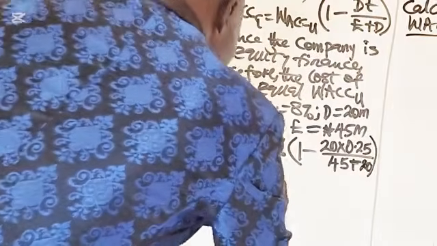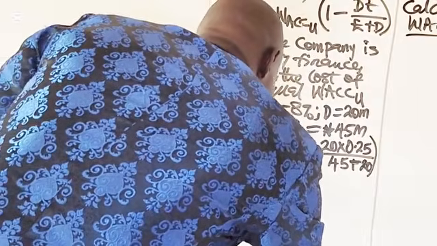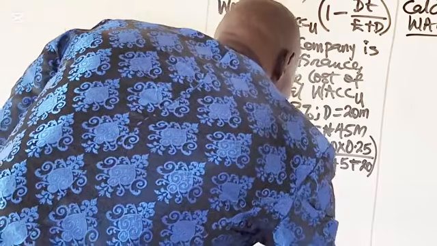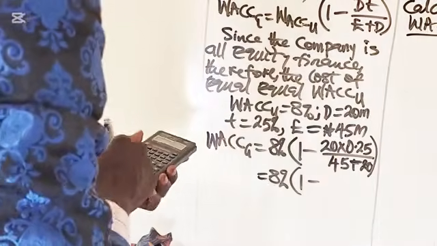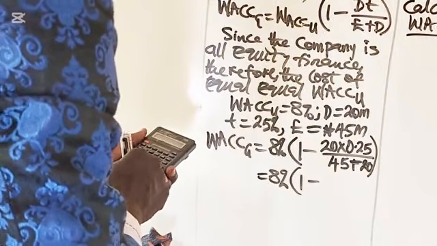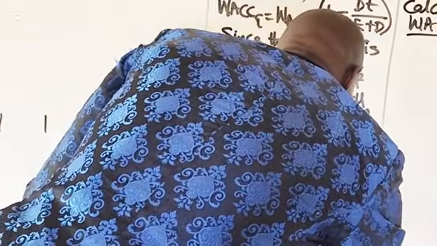So we have 8% into 1 minus 20 times 0.25, that gives us 5 million over, this is 65 million, the total.